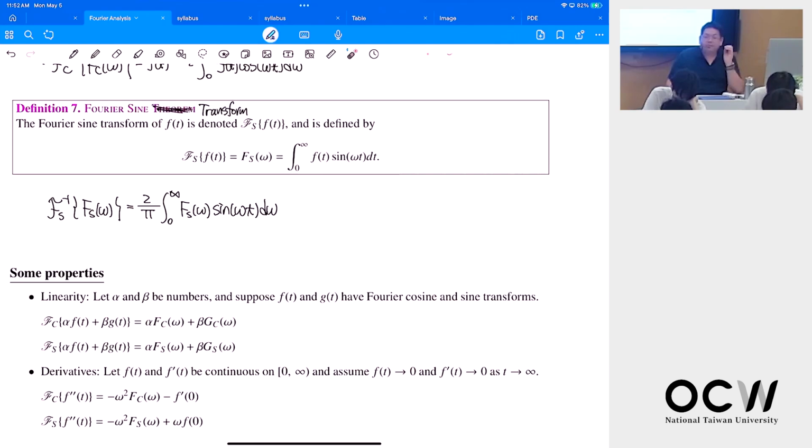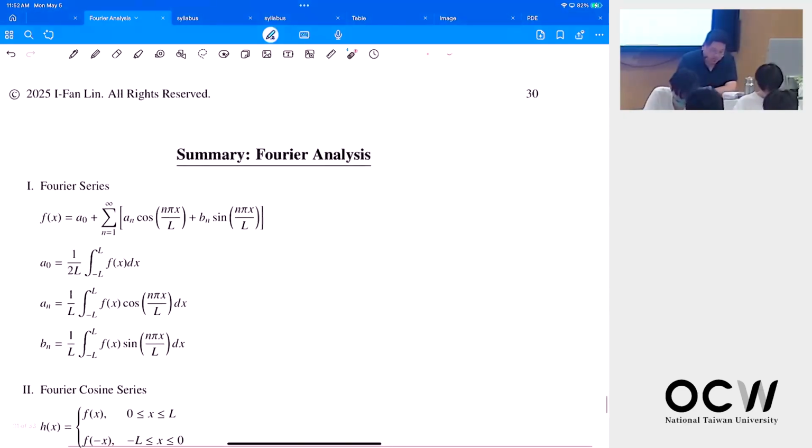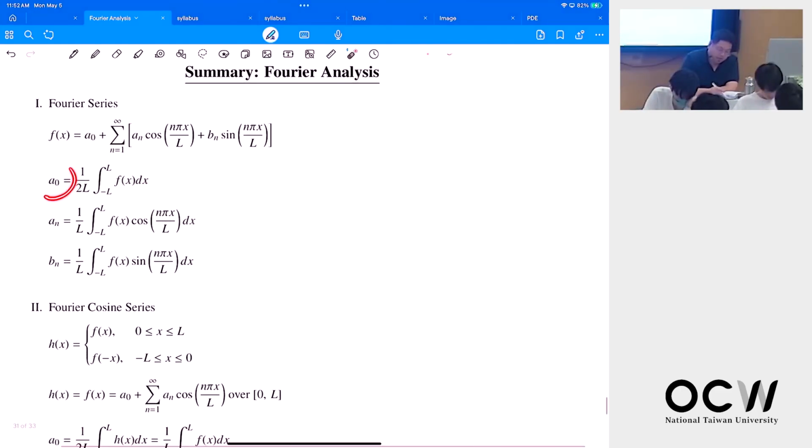All right, so for next Monday, we have a midterm still in Season 103, and then you have 10 questions. So for 10 questions, you may find the Fourier series. To find the Fourier series, you need to know how to find or express the coefficients.